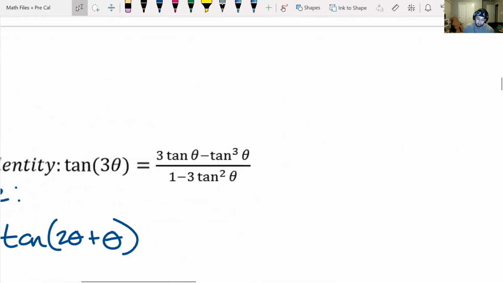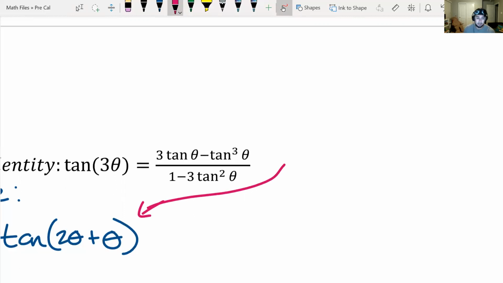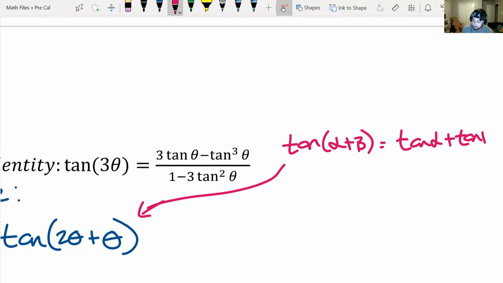So we now will expand this by the sum formula for tangent. Remember that the sum formula for tangent is given as tangent alpha plus tangent beta over 1 minus tangent alpha tangent beta.